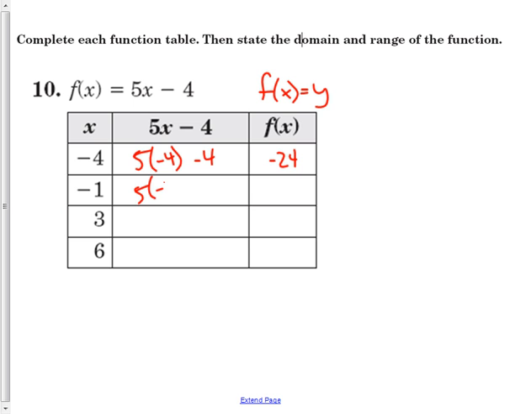So 5 times -1 minus 4, we're going to get -5 minus 4, -9. 5 times 3 minus 4, we're going to get 15 minus 4, so that'll be 11. Okay, and then for our last one, we'll do 5 times 6 minus 4. That'd be 30 minus 4, which would be 26.